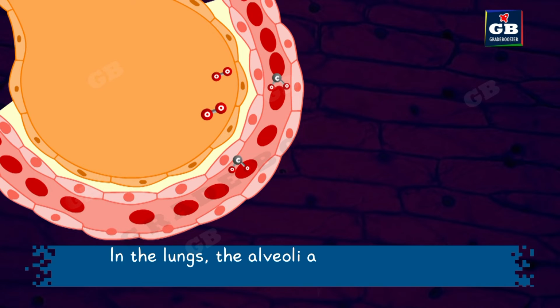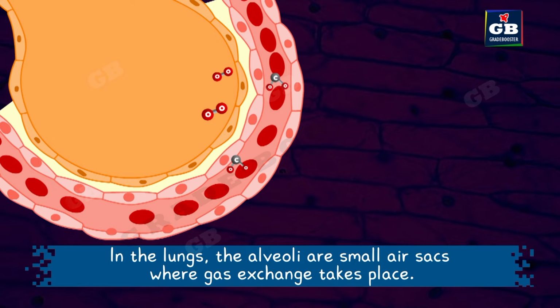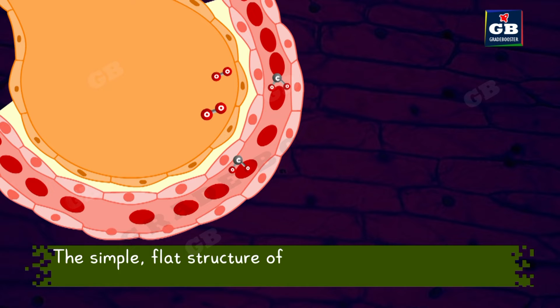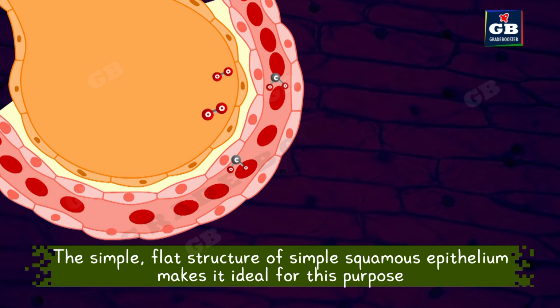In the lungs, the alveoli are small air sacs where gas exchange takes place. Oxygen from the air we breathe in must pass through the thin walls of the alveoli and the walls of the blood capillaries to enter the bloodstream.